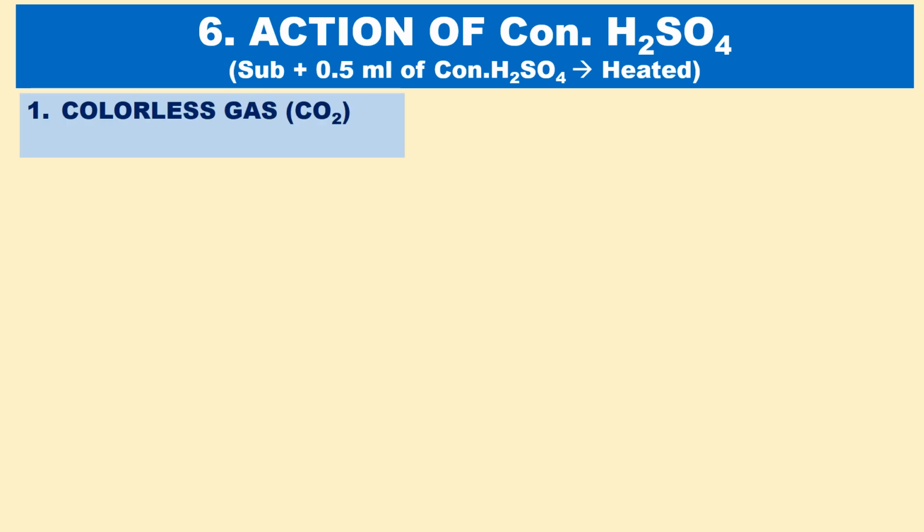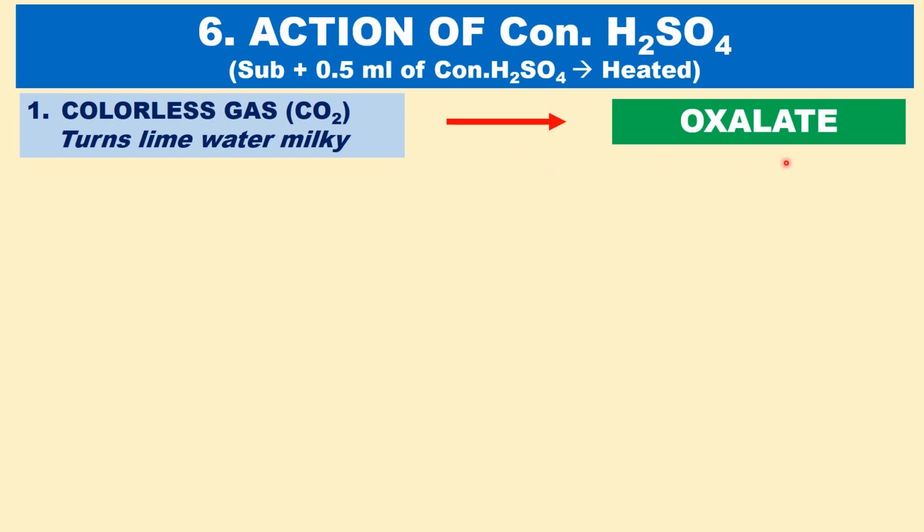If a colorless gas is evolved which turns lime water milky, that is, you take lime water in another test tube and keep it slanting so that the gas CO2 passes into the lime water, Ca(OH)2. Lime water is slaked lime, calcium hydroxide, which is converted into calcium carbonate, which is milky. So that indicates the presence of oxalate.